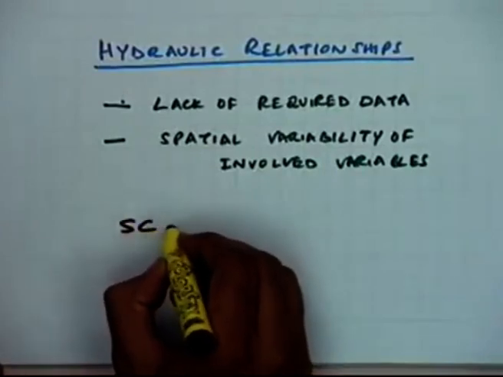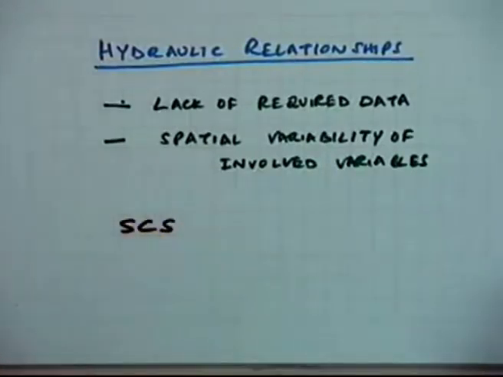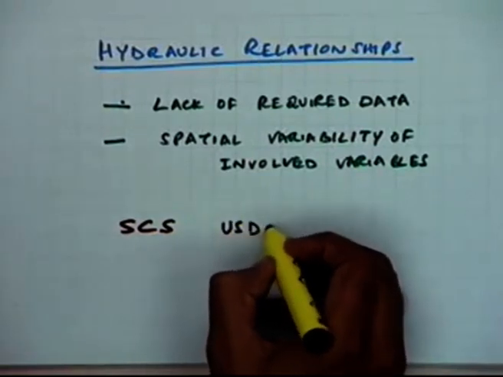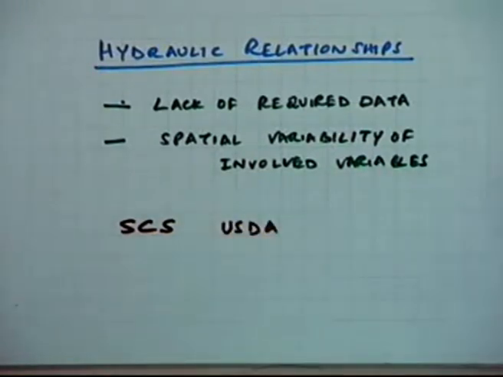That is not justifiable. So most of these relationships which we are going to look at are approximate relationships, and most of these have been put forward by the Soil Conservation Service of USDA, the US Department of Agriculture.